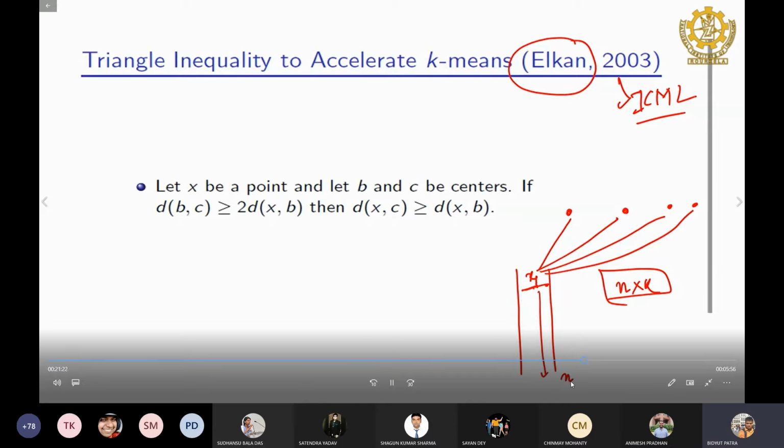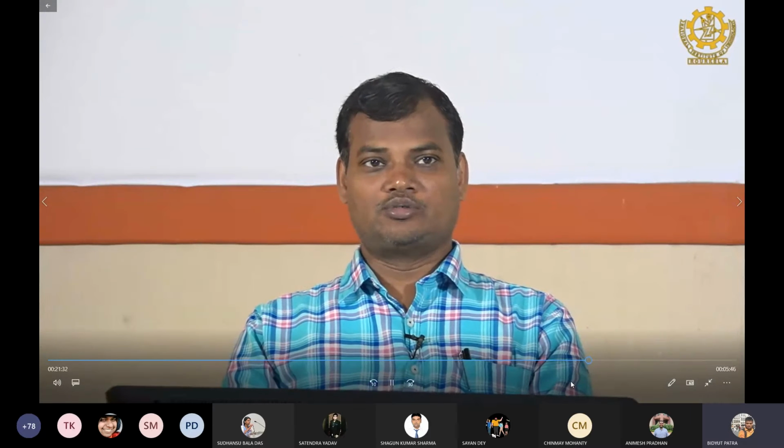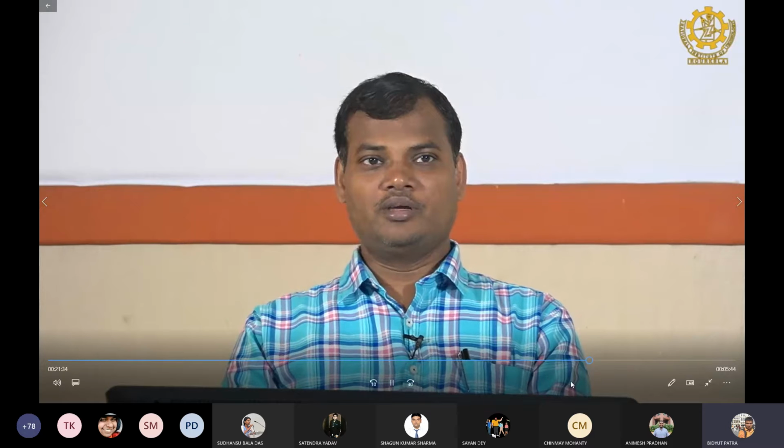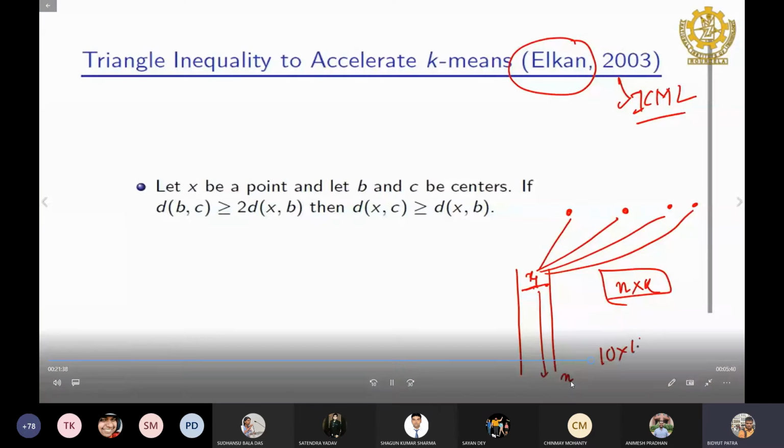This is not the final processing; you will have some sophisticated algorithm on top of this. So for each point you have to compute 1000 distances, and there will be 10 million points. So 10 million means 10 into 10 to the power 6, times 10 to the power 3. So this many distance computations you have to do.